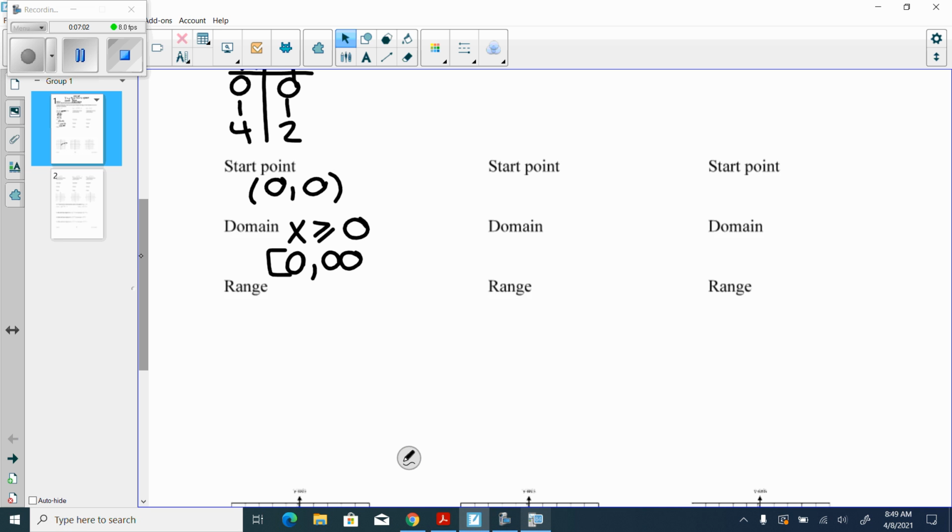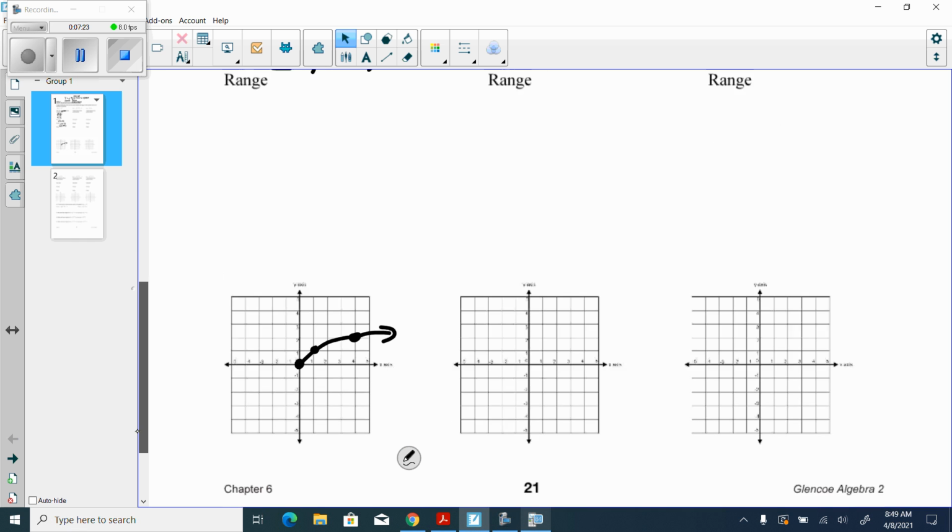Okay. But for infinity, since that never actually ends, I can't put a stop on it, right? So I have to leave it as in regular parentheses. Or if that point at 0 was an open circle, then I would use a parenthesis. It's not included.